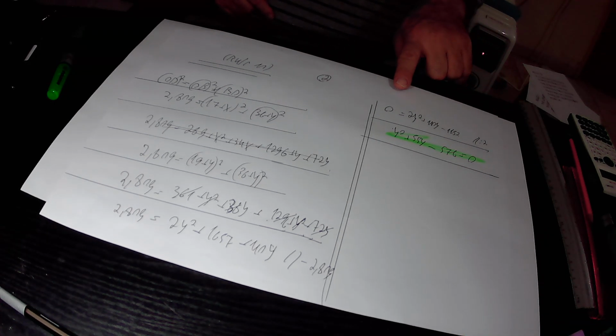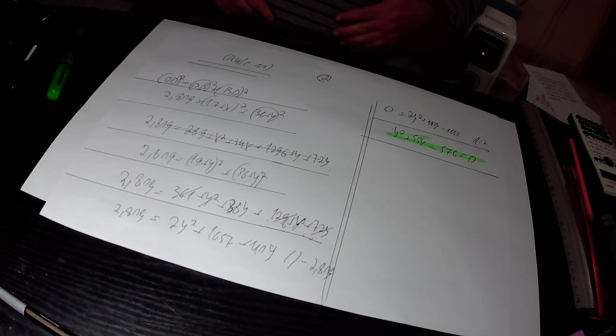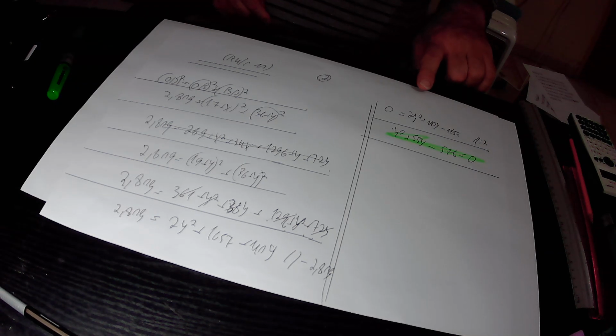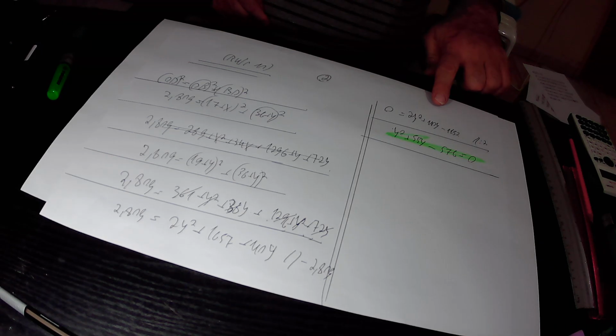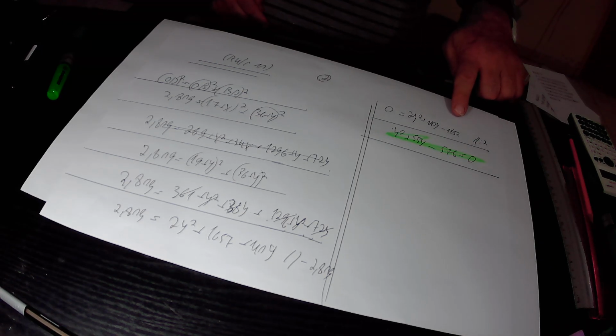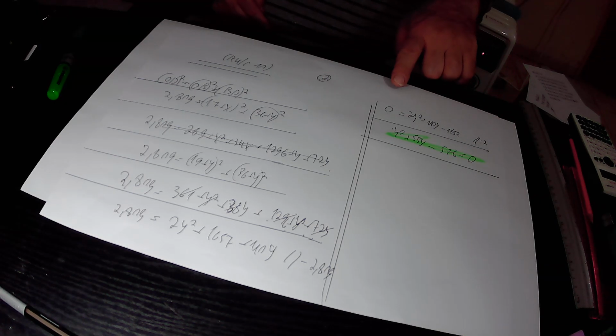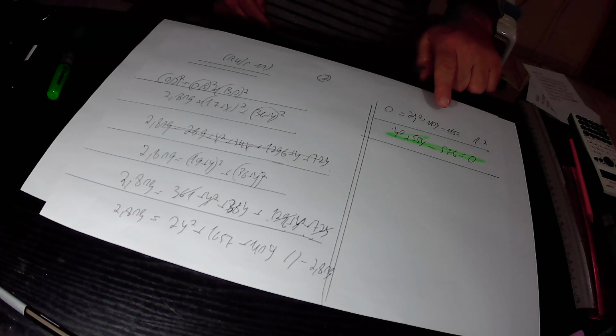So in total we found that 0 equals 2y squared plus 110y minus 1152. Here we divided this equation by 2: 2y squared over 2 is y squared, 110y over 2 is 55y, minus 1152 over 2 is minus 576, equals 0. So in total we found that y squared plus 55y minus 576 equals 0.